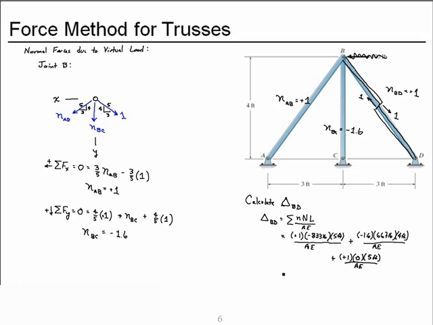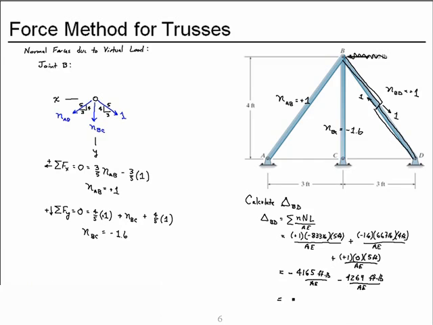When I combine all of these, we find that the deflection, or the separation at BD at its cut, is a negative 4165 foot-pounds over AE minus 4269 foot-pounds over AE.